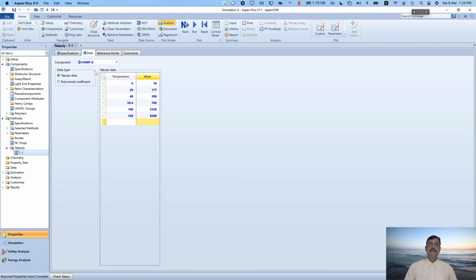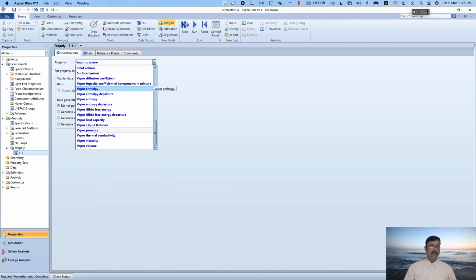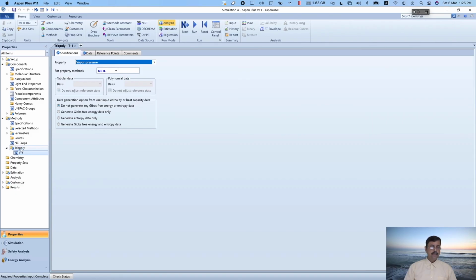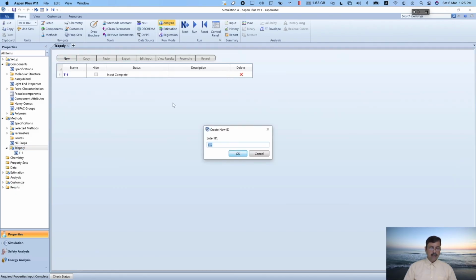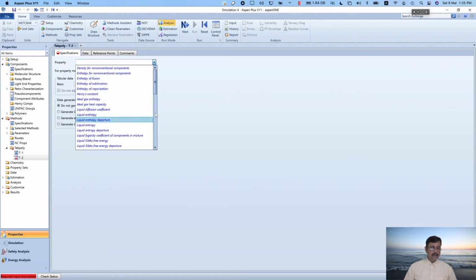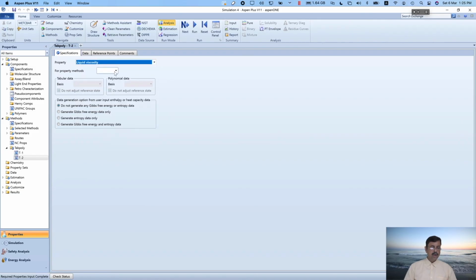Now, similarly, if you have some other data, for instance, data of surface tension or vapor thermal conductivity, or you may have data of liquid viscosity. In such a situation, you can again go to tab poly and create, say, liquid viscosity. Choose liquid viscosity for the Nrtl method.